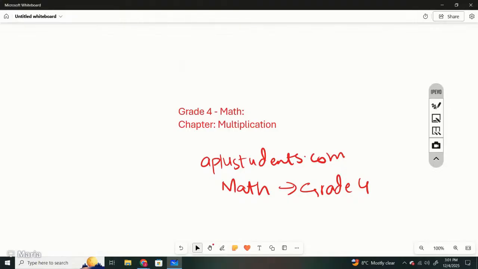We are going to start with the chapter multiplication. So please make sure you have your notebook and pencil so that you can note down the important examples and definitions as well.